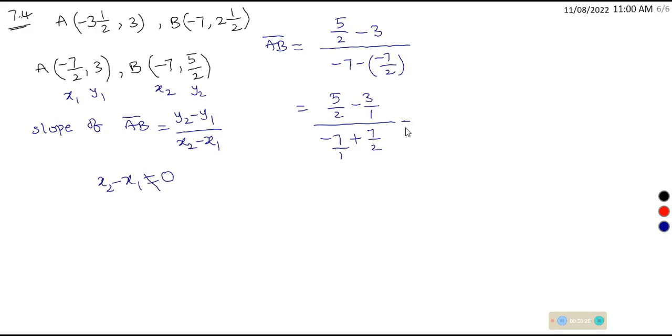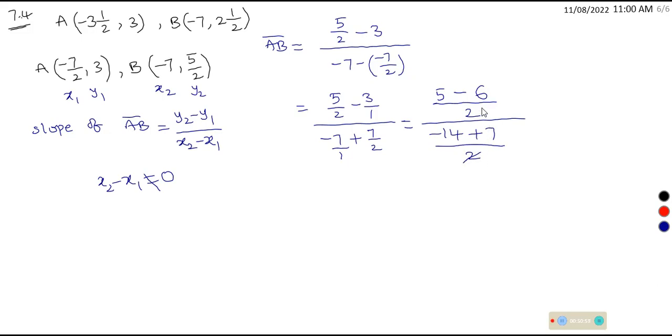Now for the numerator, fraction subtraction, you know how to do it. The LCM of 2 and 1 is 2. So 5 minus 3 times 2, that is 6, by 2, and in the denominator minus 14 plus 7 by 2.